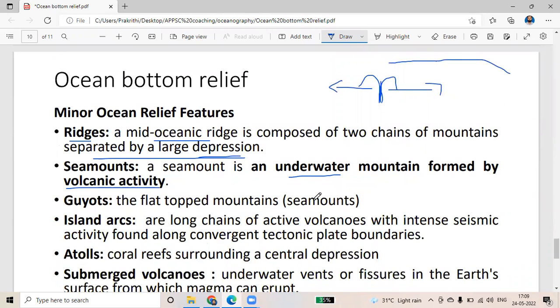Most of these are volcanically formed mountains. When the volcano comes out of the crater and vent, it will deposit on either side, so such a mountain forms. That is called the sea mounts.